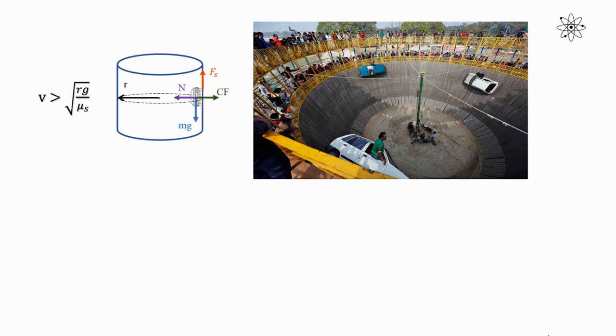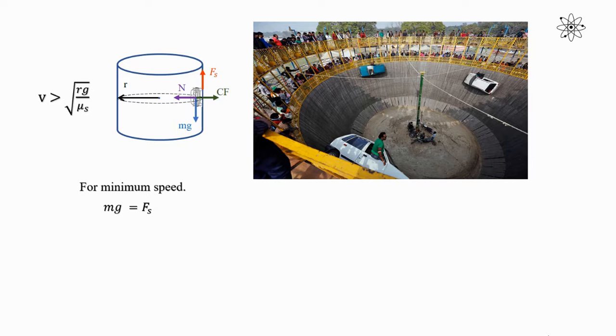Now student, a very important case that we are going to discuss over here. Up till now we discussed that there must be some minimum speed with which the vehicle has to move in a well of death. But there is no upper limit of the speed. So suppose the speed of the vehicle is greater than the minimum speed under root rg upon mu s. Now student, for minimum speed, mg is equal to fs, that is the force of static friction.